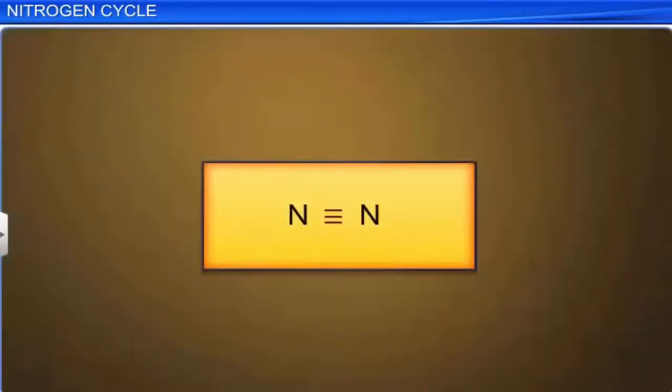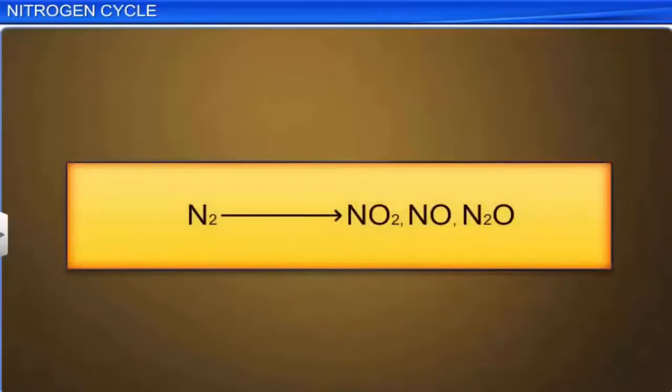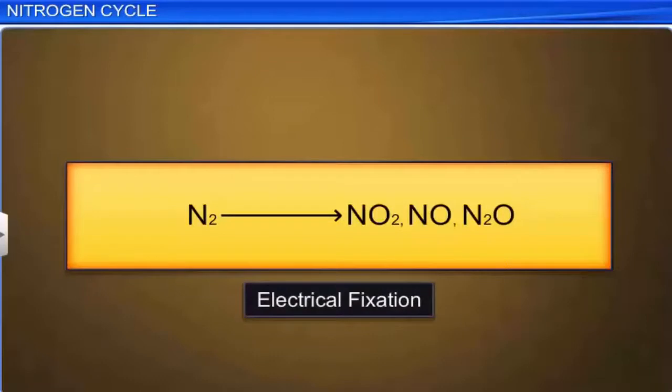Atmospheric nitrogen is in the form of elemental nitrogen, which requires a large amount of energy to break it into forms suitable for living organisms to absorb. In nature, elemental nitrogen is converted into oxides with the help of electrical nitrogen fixers such as lightning, thunder, and ultraviolet radiation.